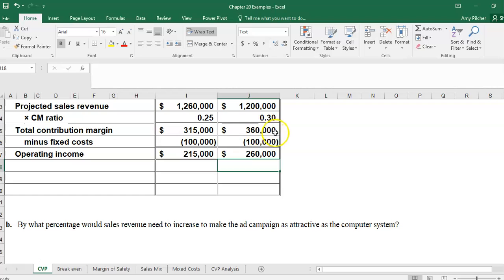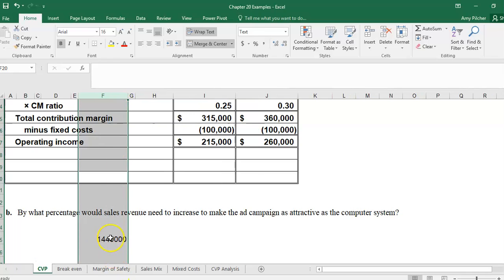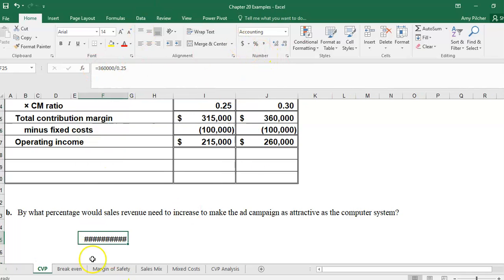So we take our contribution margin of $360,000, and in order to predict what our sales would be, we divide that by our 25% contribution margin ratio. Which gives us sales of $1,440,000.